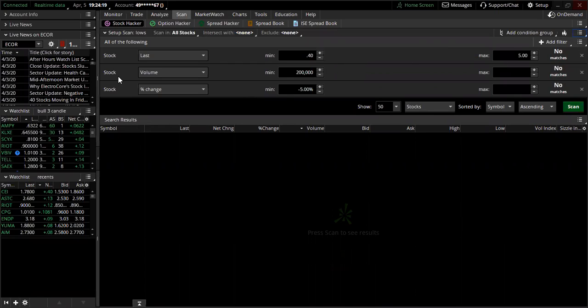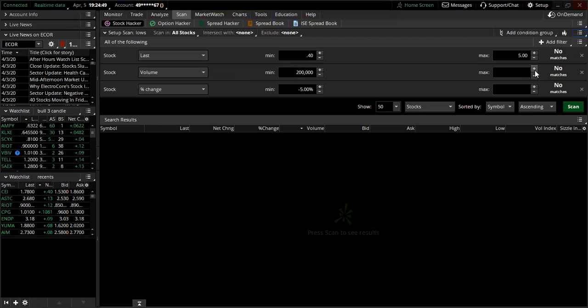The scanner says I'm looking at stocks with a last price of anywhere between 40 cents, minimum, and $5. And then the volume is looking for 200,000 shares of volume being traded within, it doesn't really matter, like 10-minute ranges or something like that. Not exactly sure, but pretty sure.